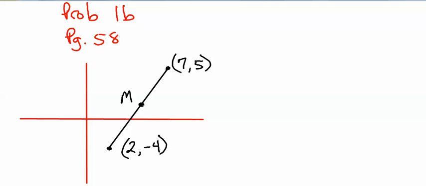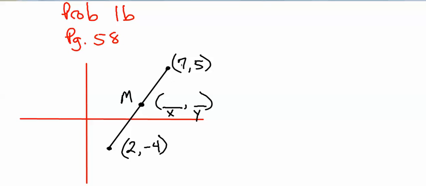You're looking for the coordinates of the midpoint. That means you're looking for an x and a y value for the midpoint. Okay? So you take the same concept that you just used on the number line and you apply it to the coordinate plane. Which means you take endpoint 7 plus endpoint 2 and you divide it by 2, and that gives you the x value at the midpoint.